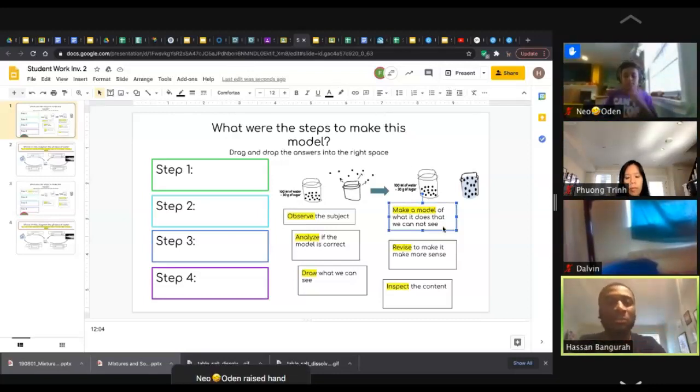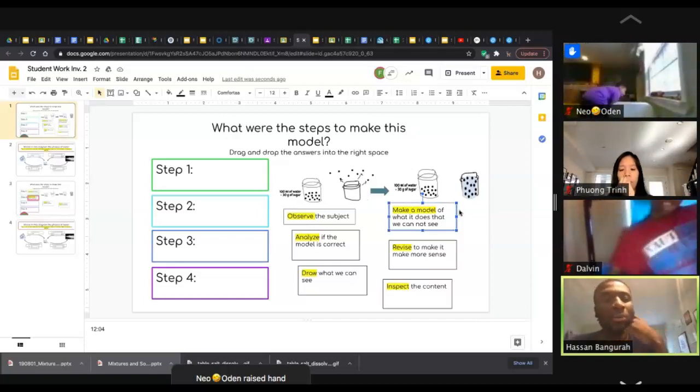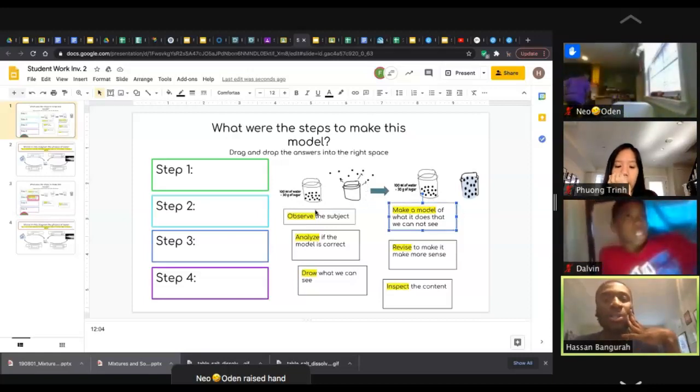I'm looking for an answer from Jason, Jabril, Jalen. Jarrell, which one do we think should come first? Okay, inspect. Xavier, I'm looking for an answer from you. Go ahead and type into the chat. Some people are saying inspect. One person saying observe. Awesome.